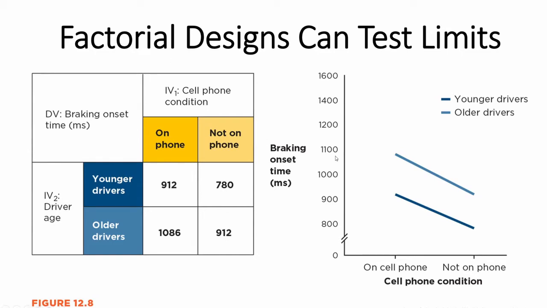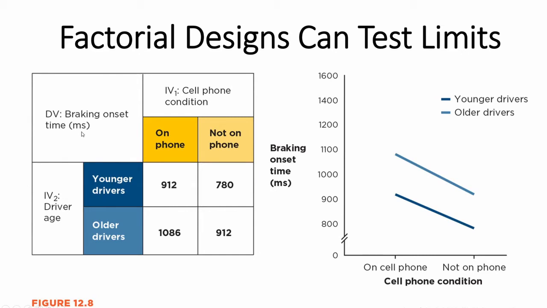So here we can look at a different interpretation of our results. Actually, I don't think we had even talked about what they had seen when looking at on the phone versus off the phone when they introduced older and younger drivers. So we can look at that here. Same basic idea, we're looking at our factorial design, where they note that our dependent variable is going to be braking onset time.